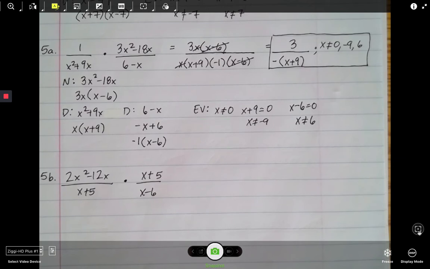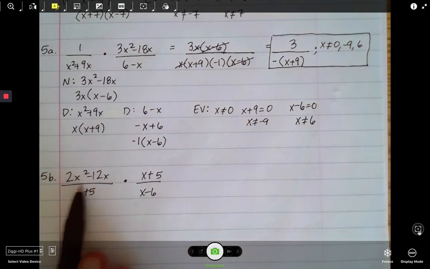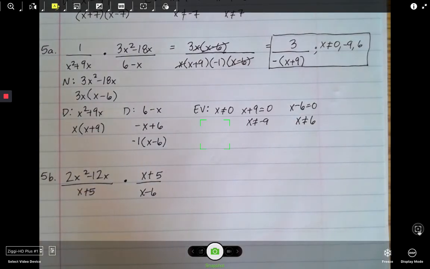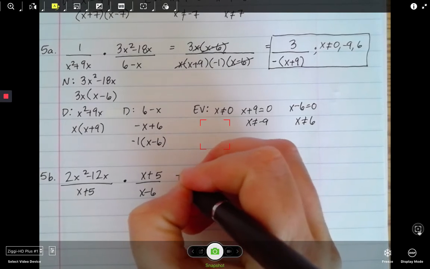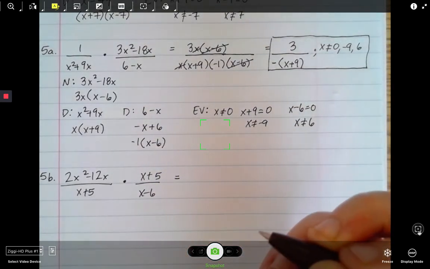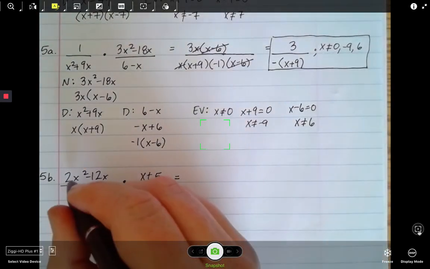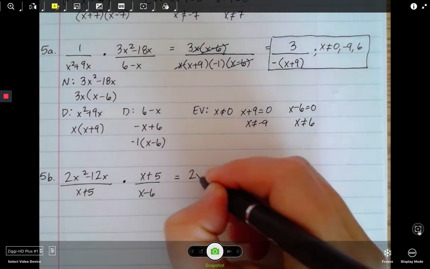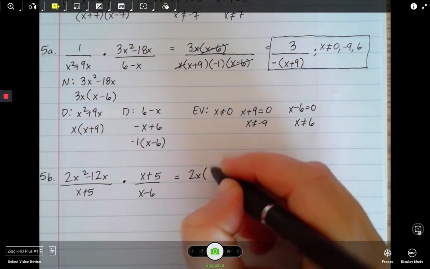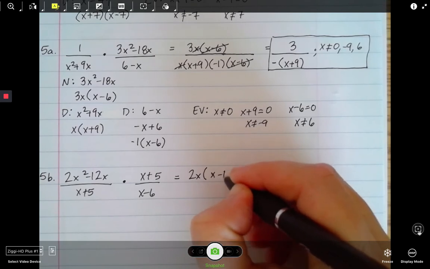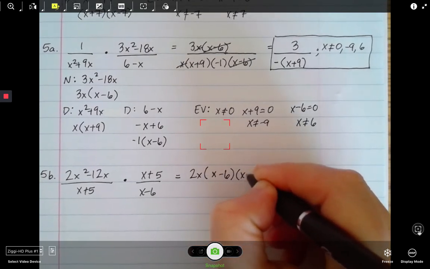So the only thing we will actually have to factor will be this numerator 1. So technically we could go ahead and just write it as one big numerator. 2x squared minus 12x, I would factor out a 2x. So I'm left with x minus 6, and then x plus 5.